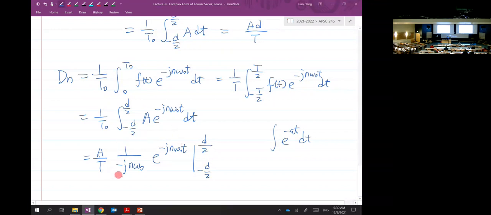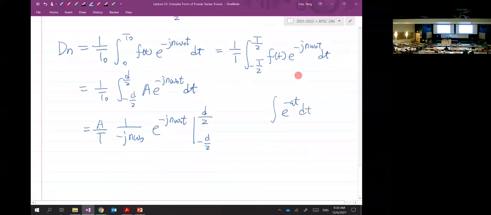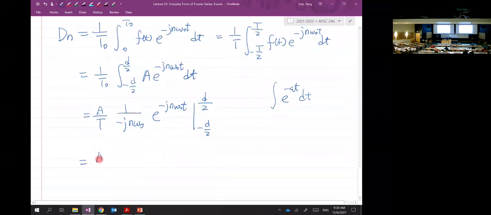If you take the derivative of this, you should get back exactly the integrand. So plug in the limits, and you get A d over capital T. Fortunately for this question, the j term actually disappears.